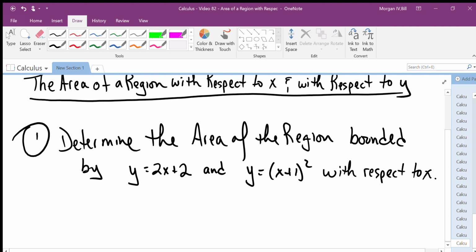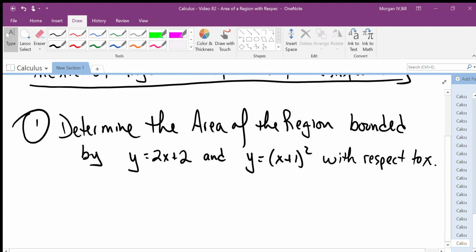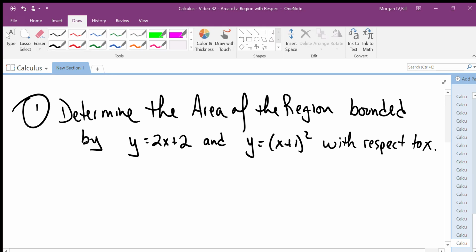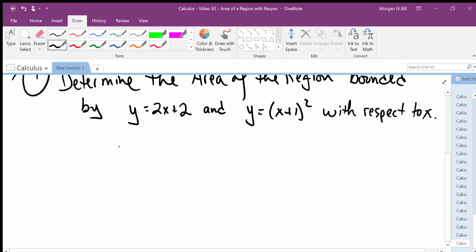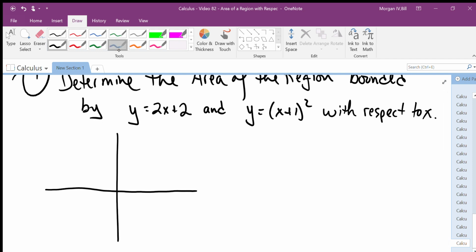Number one, determine the area of the region bounded by y equals 2x plus 2 and y equals (x plus 1) squared with respect to x. Again, let's try a picture here. y equals 2x plus 2 has a slope of 2 with a y-intercept of 2, so something kind of like this.